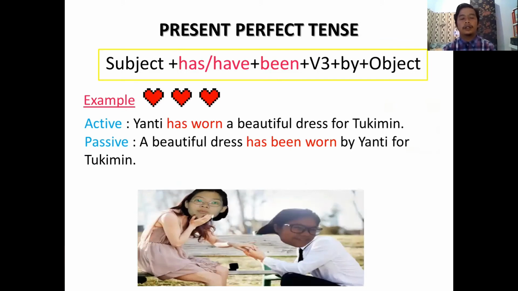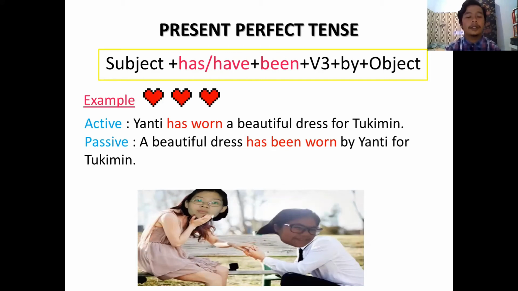Okay. The next is the present perfect tense. Subject plus has or have plus been plus verb 3 plus by plus object.